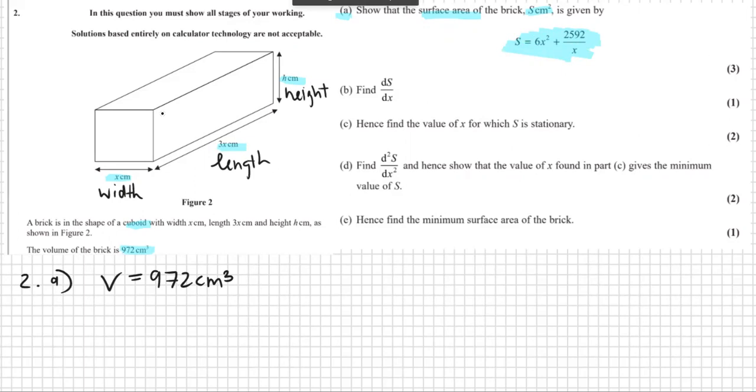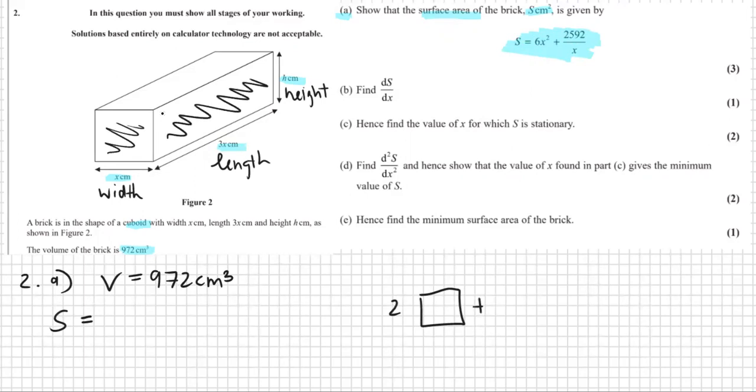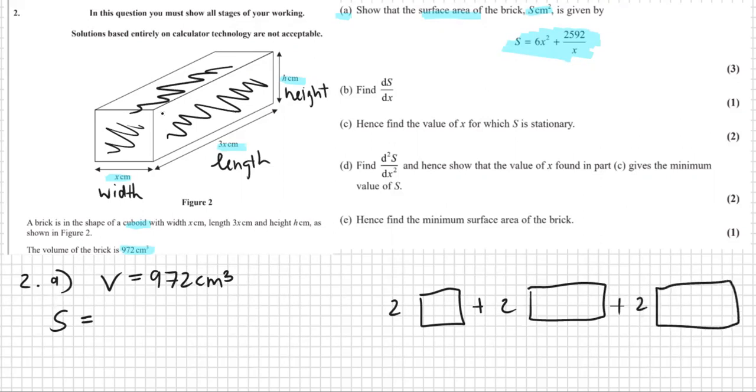So we can first quickly look at what the surface area is. We have two of these, plus two of these, two long rectangles, and then top and bottom, so two of these. And that's going to be our surface area.